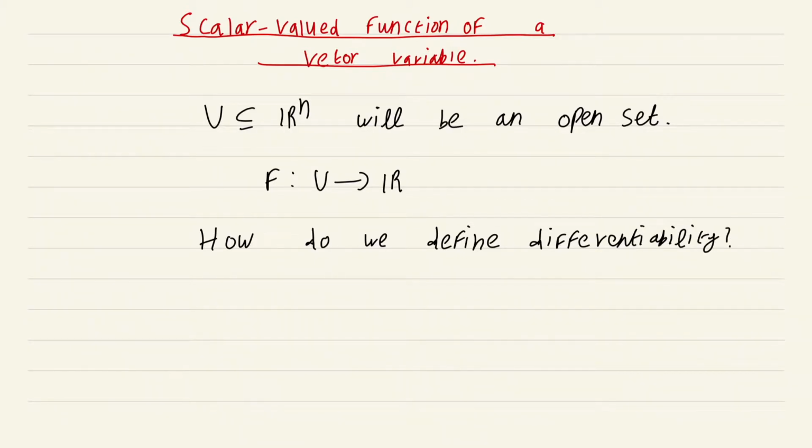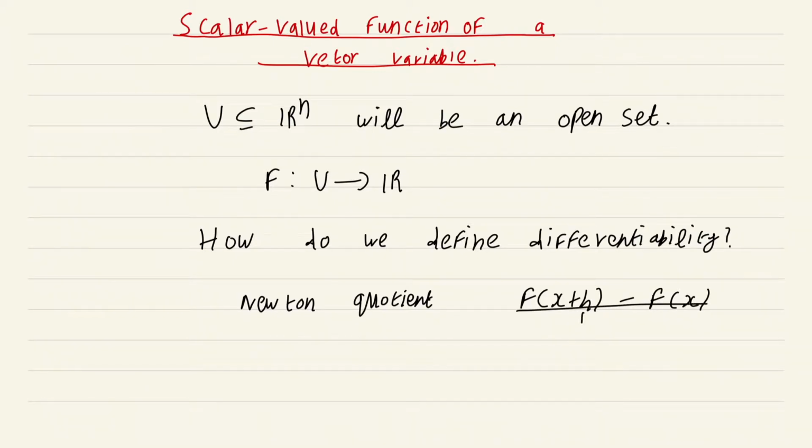The natural thing to do would be to consider a Newton quotient, just like what we did in the one variable case, and consider something like this: f of x plus h minus f of x by h. Only issue is this is simply not possible in higher dimensions because h is now a vector. So what do we do to fix the situation?